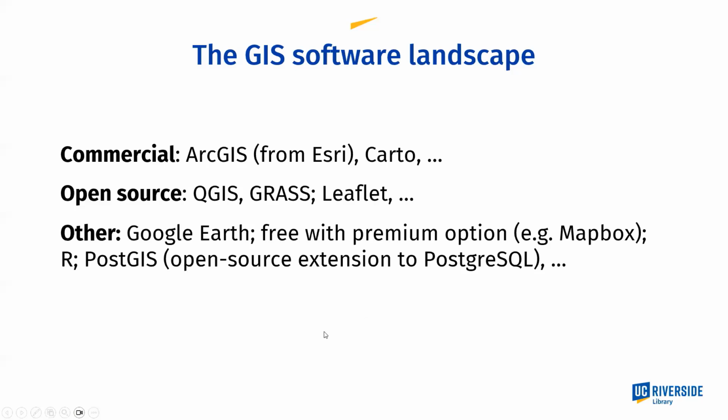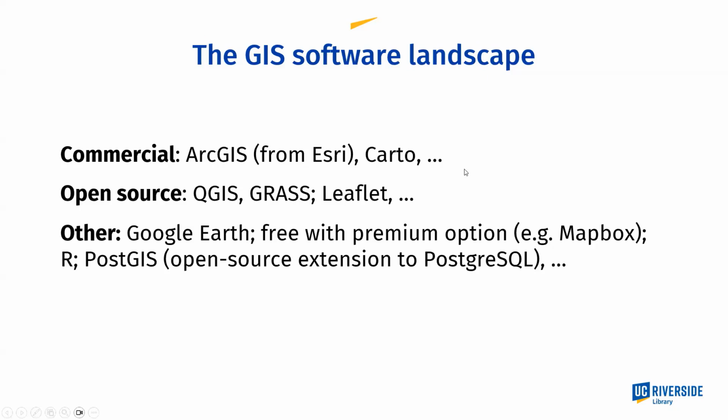So this is my very unscientific classification of the different types of software that's out there. The first bucket I've created I'm calling commercial, which is businesses that create GIS software as their business. And in order for you to use their software, there must be some funding exchanged so you can get the license to use it.